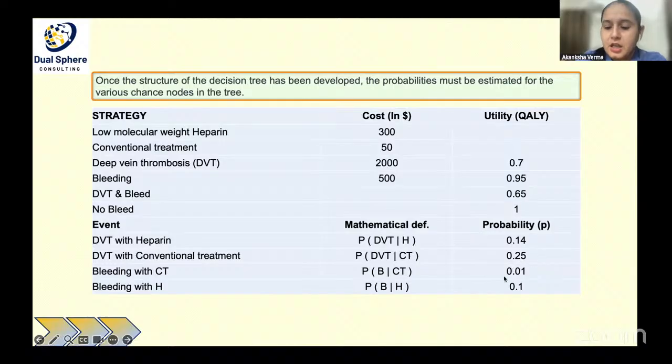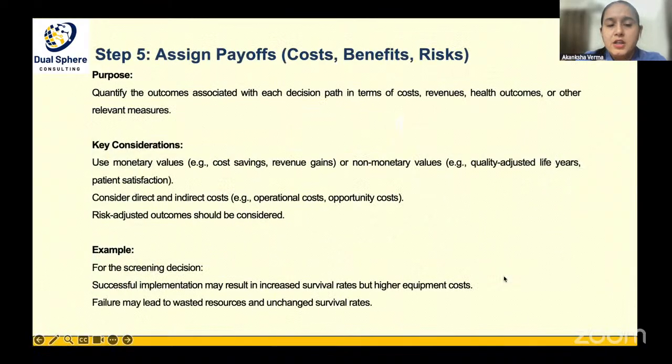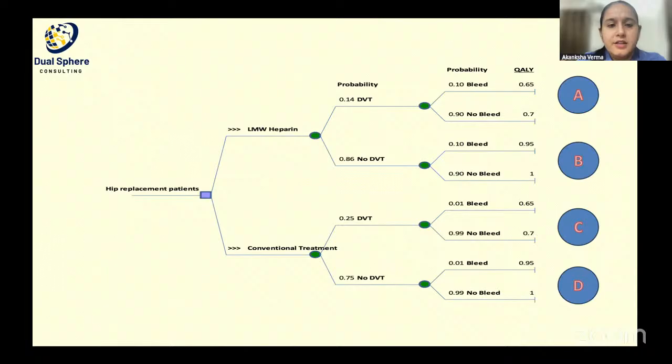Now, moving on, you assign the payoffs, the cost, and your benefits, non-monetary values like qualities or patient satisfaction, or whatever your parameter is you want to include in the analysis. Here, we have actually put up all the costs. Probabilities: you had two branches.